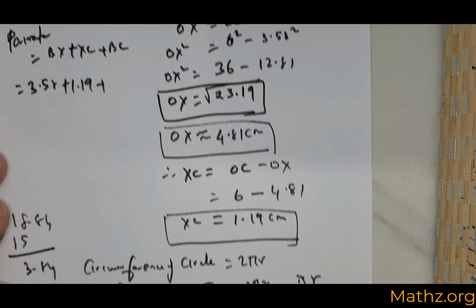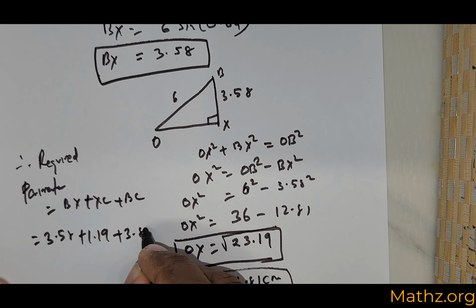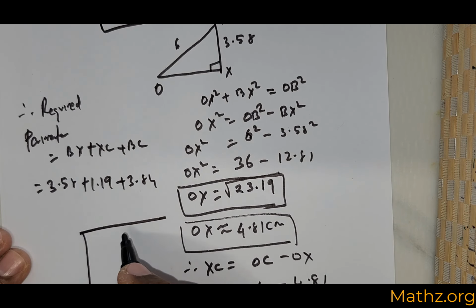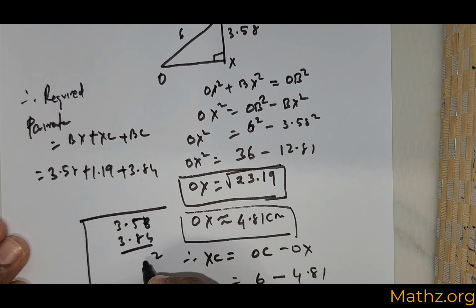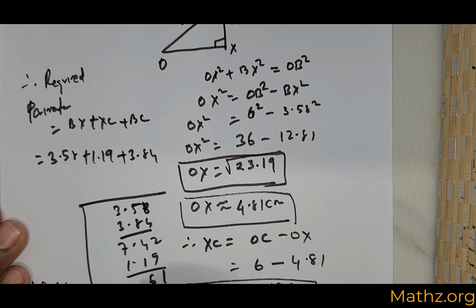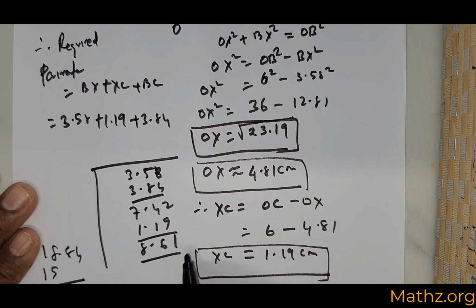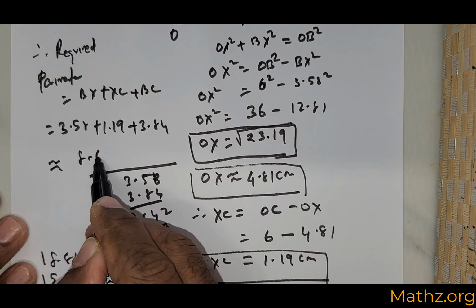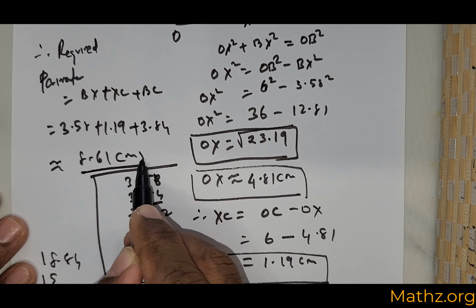You add them, and what do you get? 3.58 plus 3.84 is 7.42, and adding 1.19 gives approximately 8.61 cm.